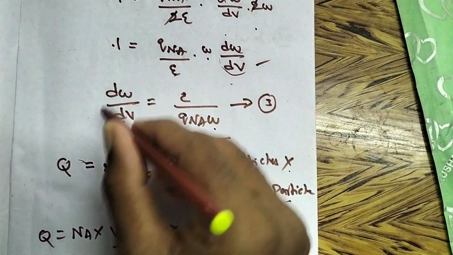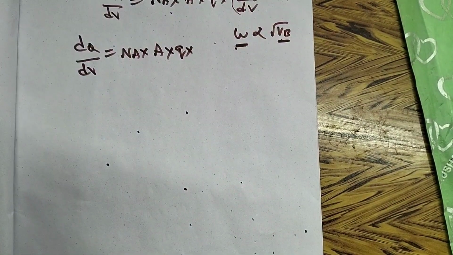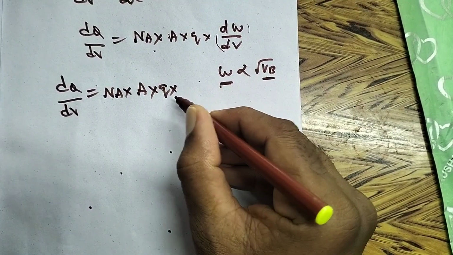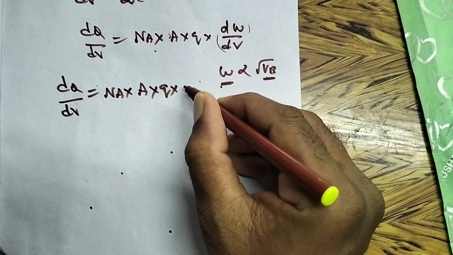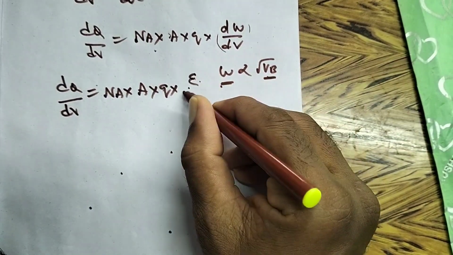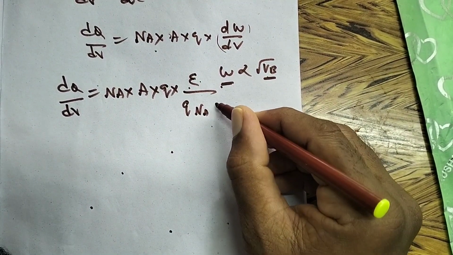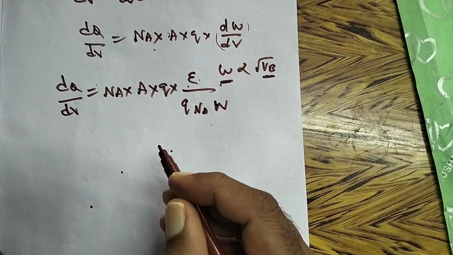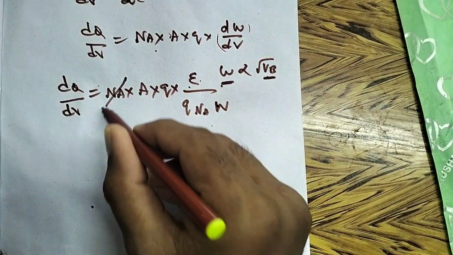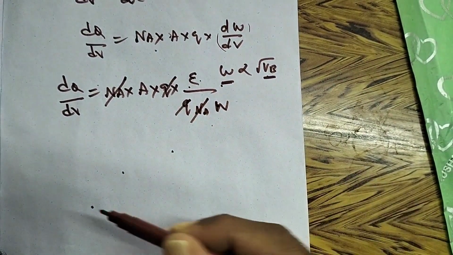Okay, now this equation we are going to substitute from equation 3. So in place of dW by dV, we put epsilon by Q into Na into W. This is from equation 3. Okay, now Na cancels, Q cancels.